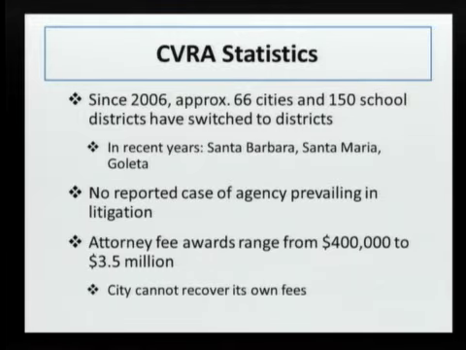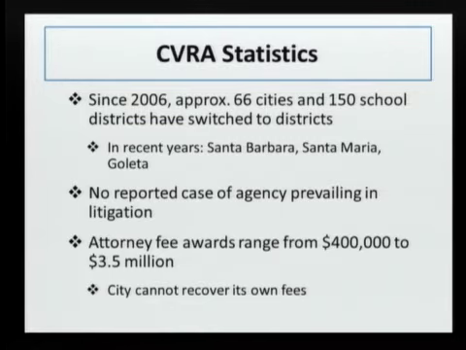In recent years, Santa Barbara, Santa Maria, and Goleta have all made the switch or are in the process of doing so. There is no reported case where the agency prevailed in litigation on the merits under the CVRA. And attorney fees have ranged from $400,000 to $3.5 million.